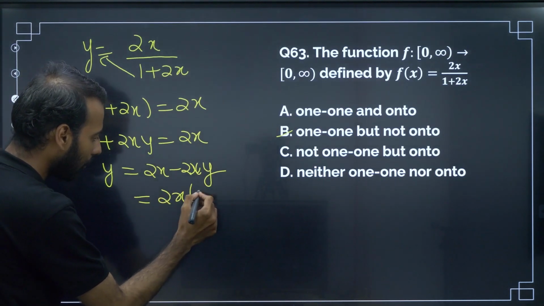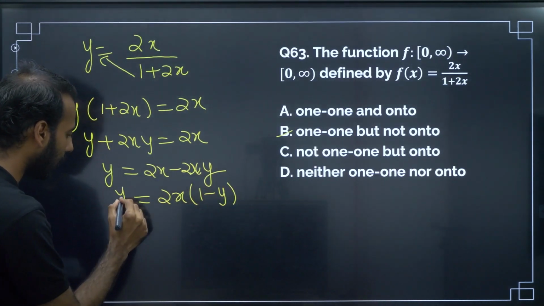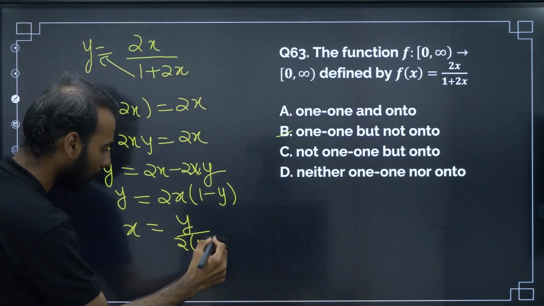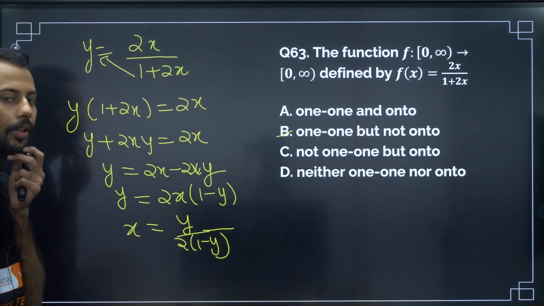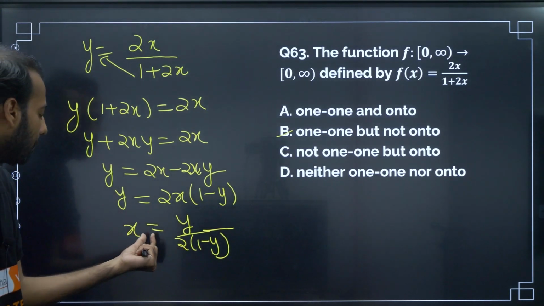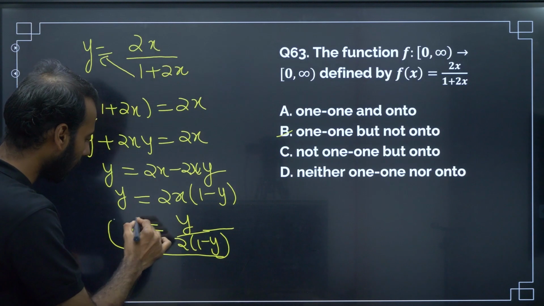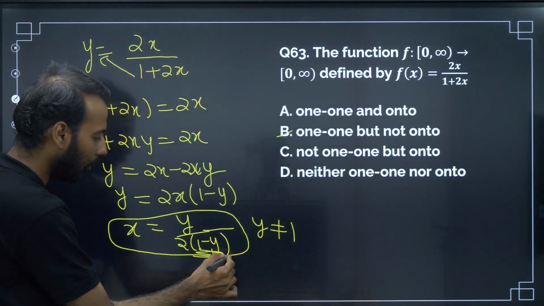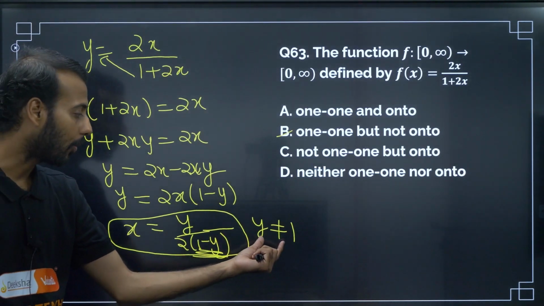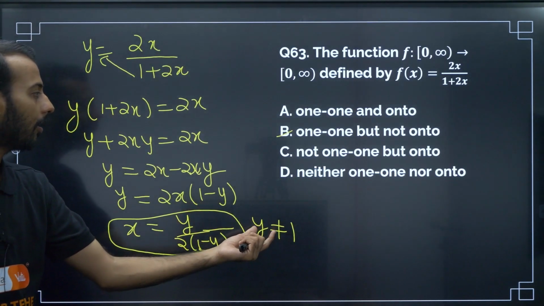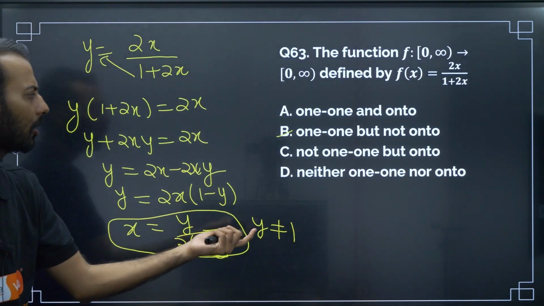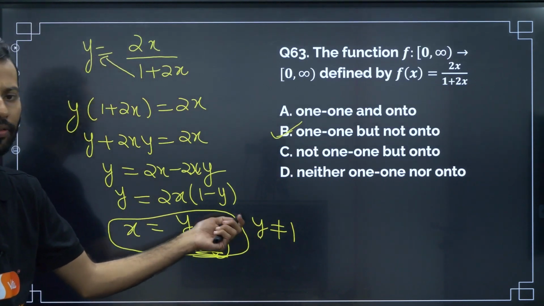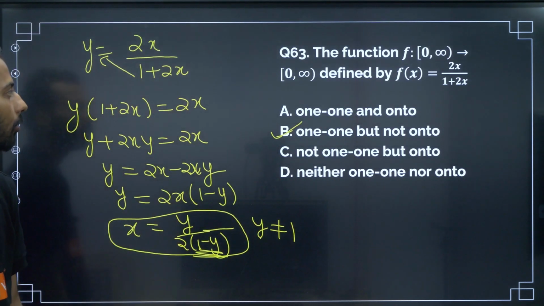Let me take 2x common, y is equal to 2x(1 minus y). So x is equal to y by 2(1 minus y). Here, if you observe this x, in the denominator y cannot be 1. That means y is not having pre-image. If any element is not having pre-image, then that function cannot be considered as onto. So the function is 1-1 but not onto.